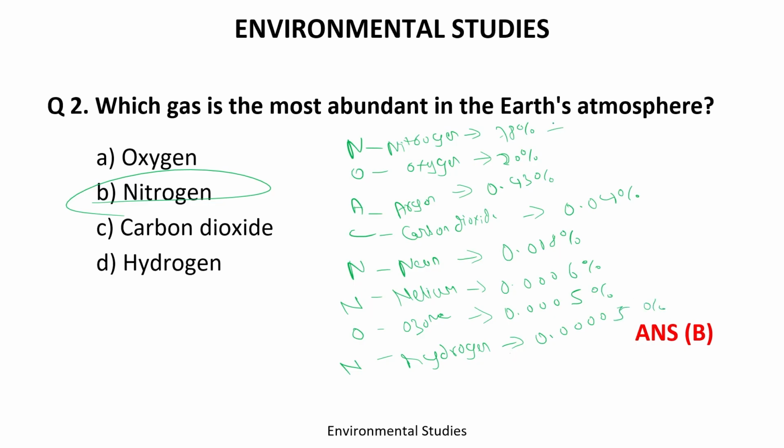So the most abundant gas is nitrogen and the least abundant is hydrogen.